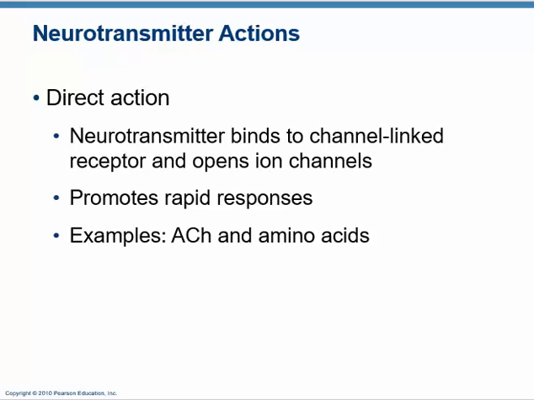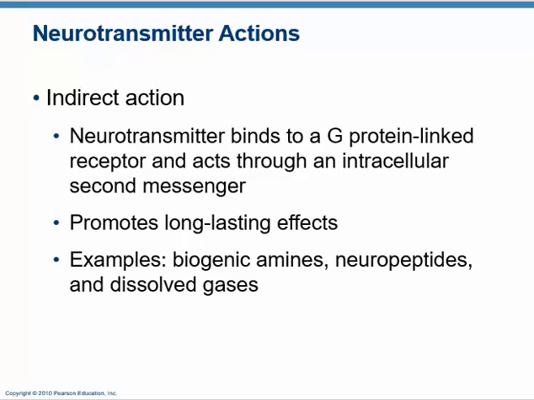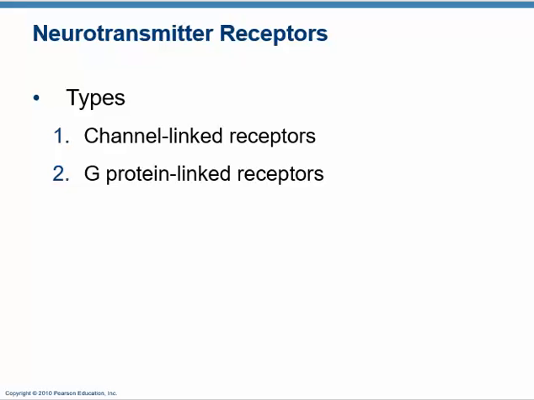So they can act either directly on the channels, or they can indirectly bind to G protein, and it's almost a second messenger sort of thing, and it activates changes within the postsynaptic neuron. So it's a much longer lasting effect, whereas opening a channel is only a very short effect. So there's the channel linked and there's the G protein linked ones. And we will end this video right here.